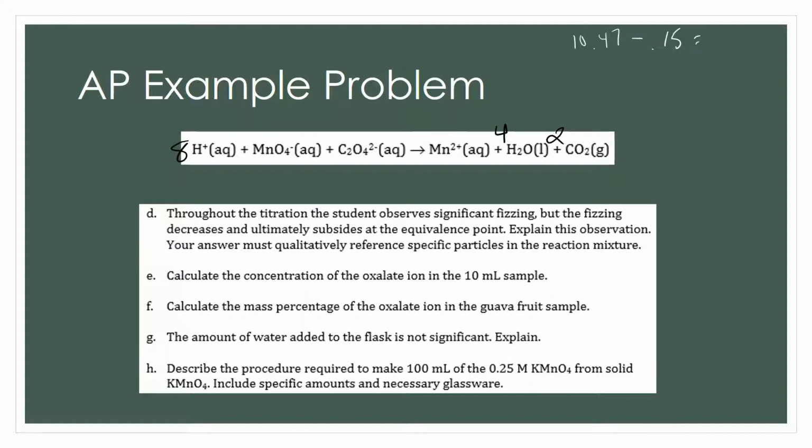Together, this gives us 10.32 milliliters, or 0.01032 liters. We knew that the concentration here was 0.25 molar, so multiplying the two together, I can determine how many moles I have of my titrant.